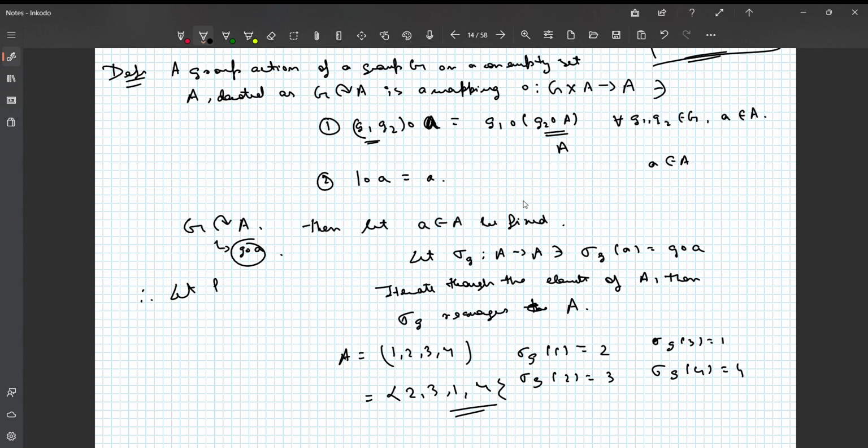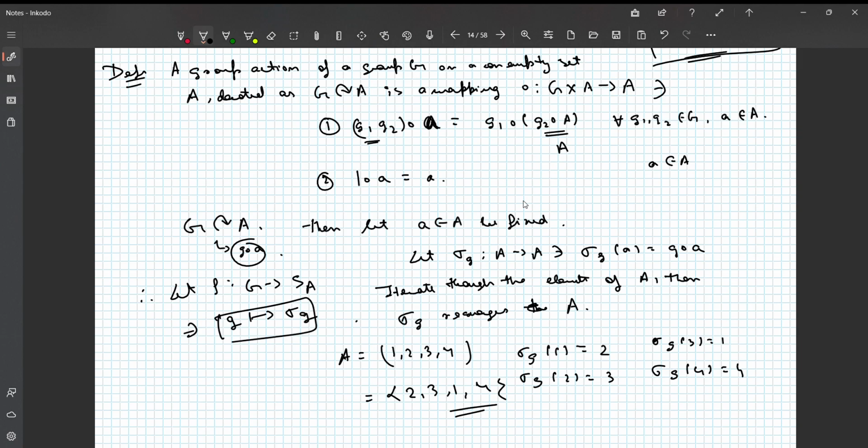Therefore, let F be a mapping from G to S_A such that every element g is mapped to sigma_g. This comes out to be a homomorphism. Clear? Got it?